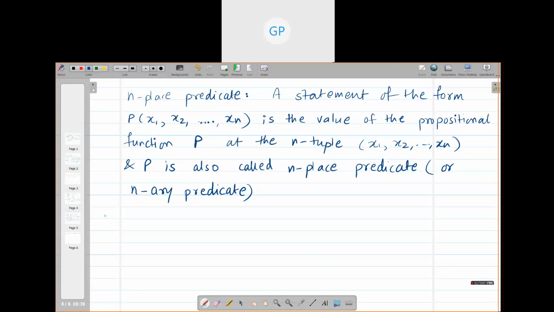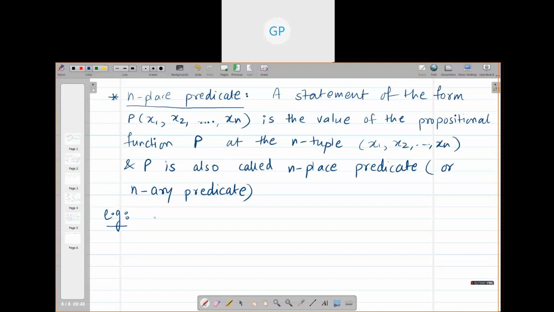Okay, let us have the example now. Example of predicate. So have you understood a predicate can contain any number of variables? 1 place predicate, 2 place predicate, 3 place predicate and so on. Girls, please remind me, what is the time? 9:40, right? Yes, we have 5 minutes more.